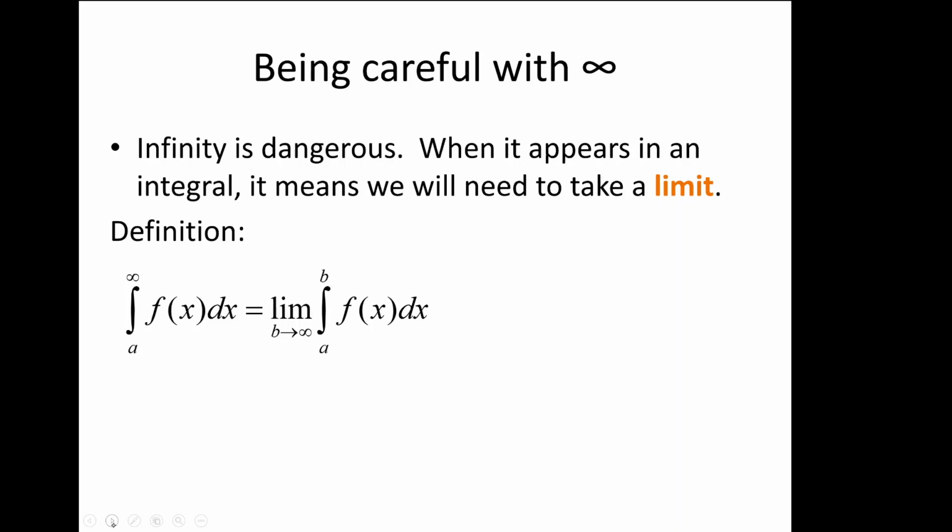So the integral from a to infinity of f of x dx, the way that we're supposed to write this carefully is to say, well, I'm going to take the limit as b approaches infinity and then integrate from a to b. What this means for us in terms of the operations that we do to solve a problem. This is now a three-step procedure. In the first step of the procedure, we're going to find the general antiderivative of little f of x.